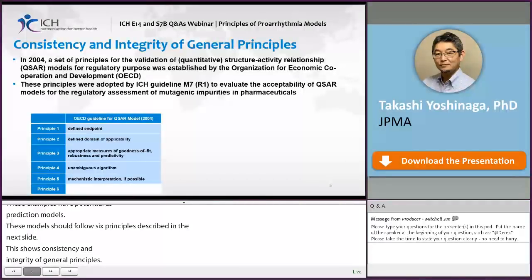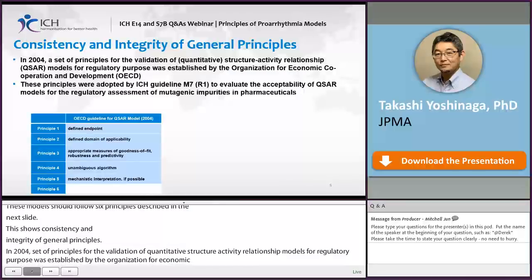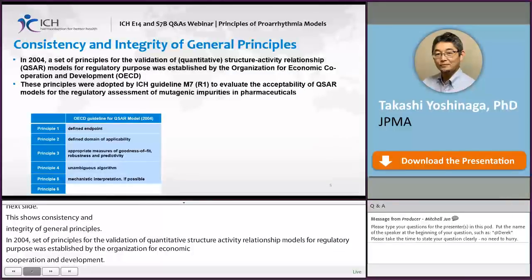These principles were adopted by ICH Guideline M7(R1) to evaluate the acceptability of QSAR models for the regulatory assessment of mutagenic impurities in pharmaceuticals.